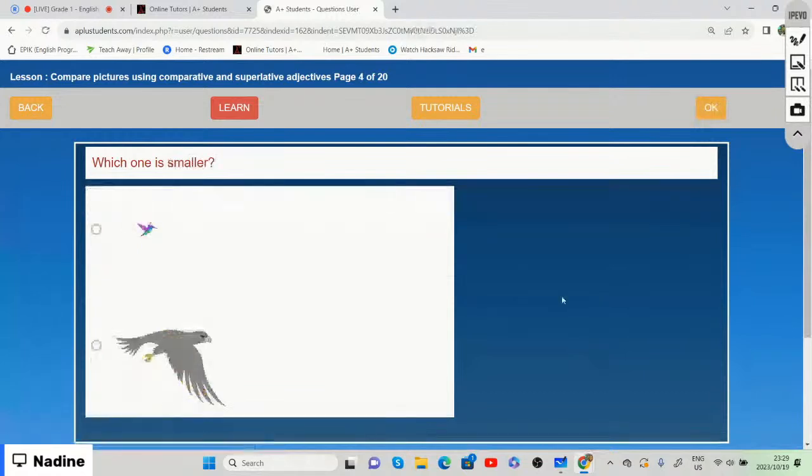The louder is louder. Which one is smaller? So which bird is smaller? Is it the one on top or the one at the bottom? Smaller. A small bird. Which one is smaller?